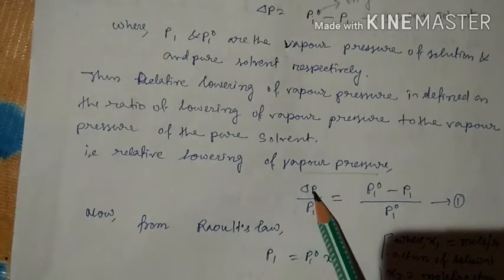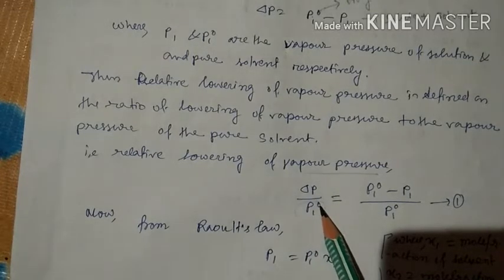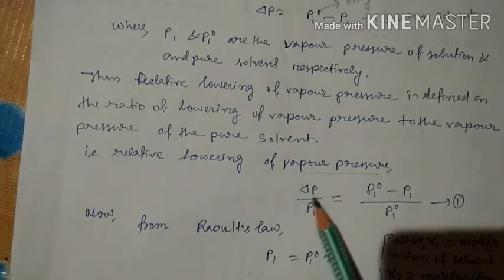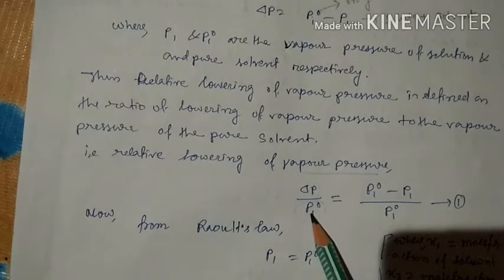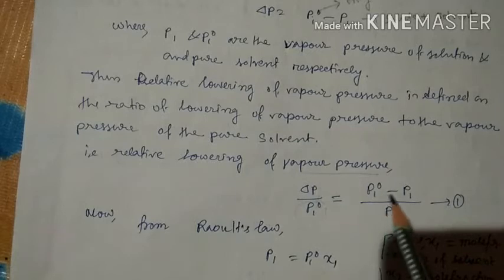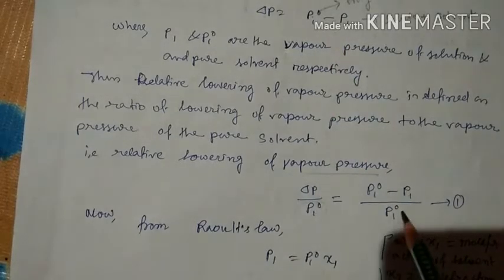That's why del P by P1 0. Del P is the difference in vapor pressure, or the lowering of vapor pressure, and P1 0 is the vapor pressure of the pure solvent. Let's call this equation 1.